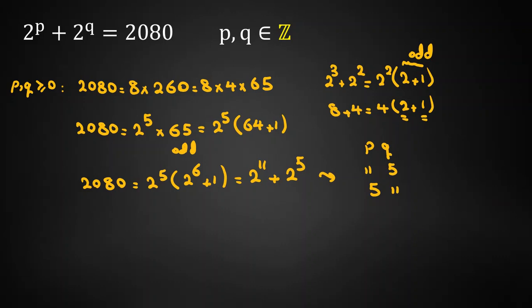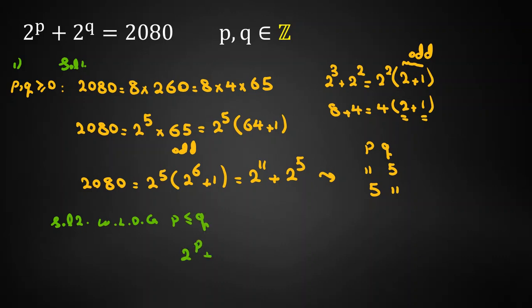Now, it was case 1. So if both of them are at least 0, it has also another way. Let me tell you, that was solution 1 for this part, now solution 2. You could say, without loss of generality, suppose that p is less than or equal to q.